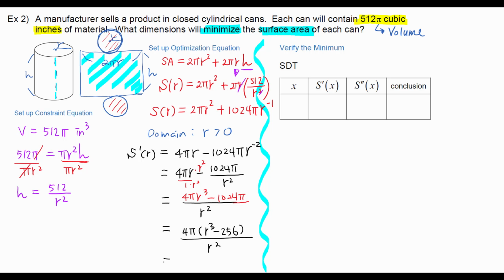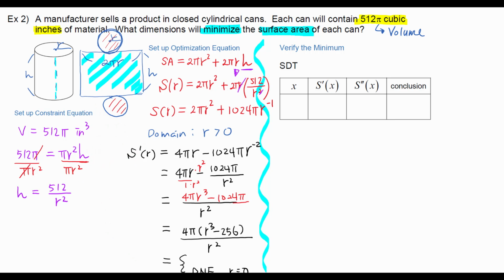I have now 2 ways to get the critical number, because this expression right here would be undefined if r is equal to 0. So this expression does not exist if r is equal to 0, but 0 is not in my domain, right?